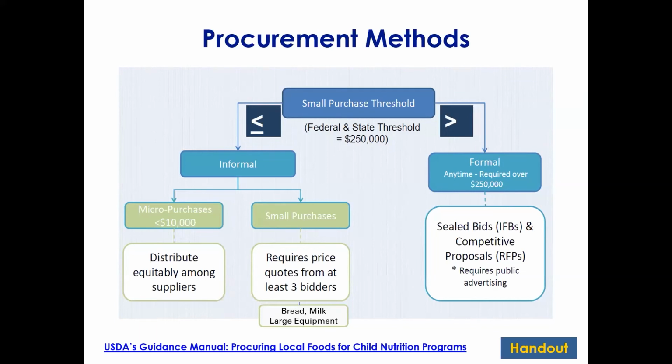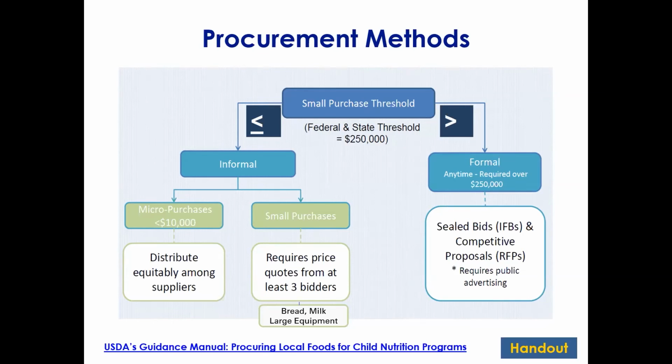And the thing about micro purchases, it sounds really easy. Oh, distribute equitably among suppliers. That's the whole thing. A lot of people use this when we're talking farm to school purchasing, but you can't just keep going back to the same person all the time. You have to share the wealth and distribute the purchasing equitably among all qualified suppliers that you have access to.